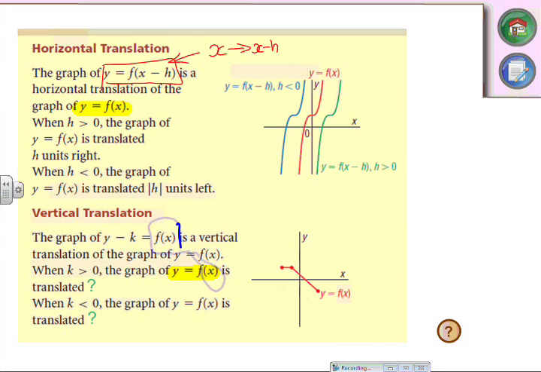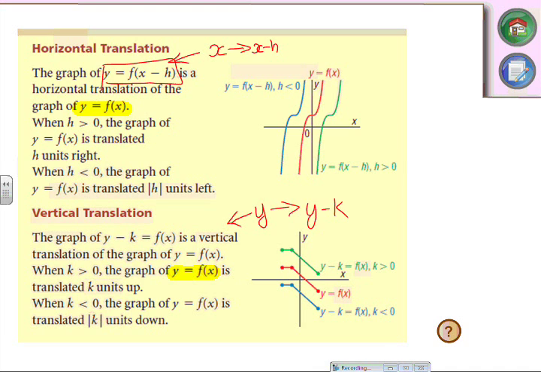The thing that I did change, though, is the y became y minus k. So that's my replacement here. And as soon as we do that, no matter what the equation is or what the graph is, if I replace that, it's always going to be a vertical translation. And again, going up or going down.